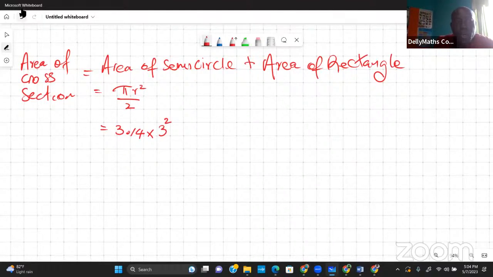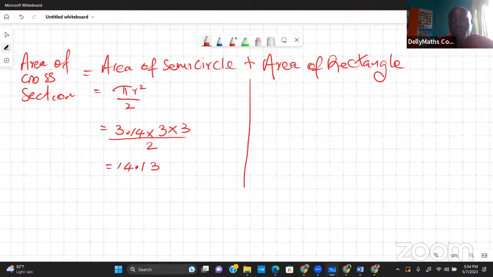And when we say square, some of you might say, okay, let's multiply by 3, divide all of that by 2. Let's find out what that is. 3.14 times 9 divided by 2. I'm getting 14.13. So that's the area of the semicircle.